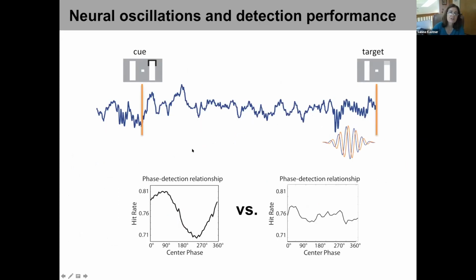Let me just start by establishing the behavior. These phase detection relationships that I had shown you in the human brain were our starting point to look for them in FEF and LIP.